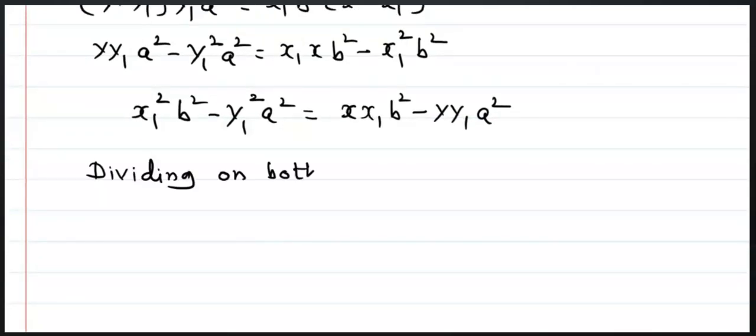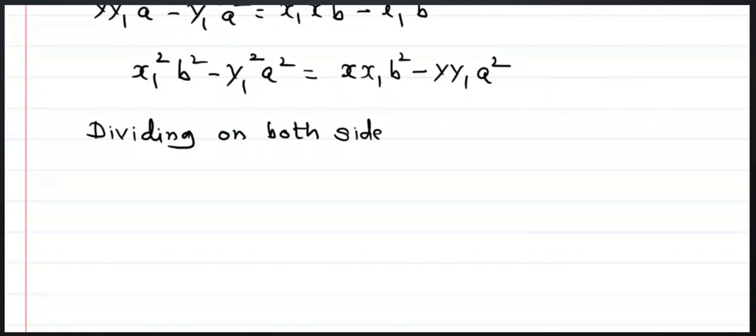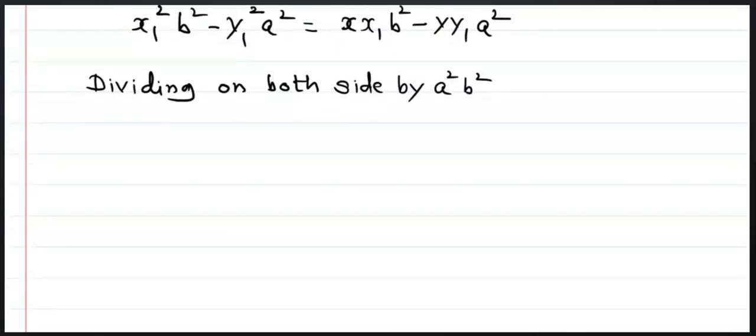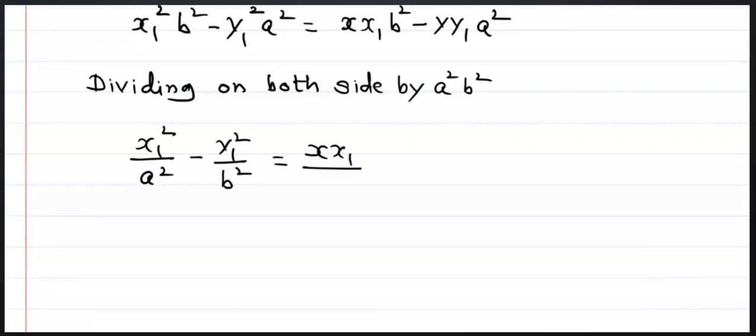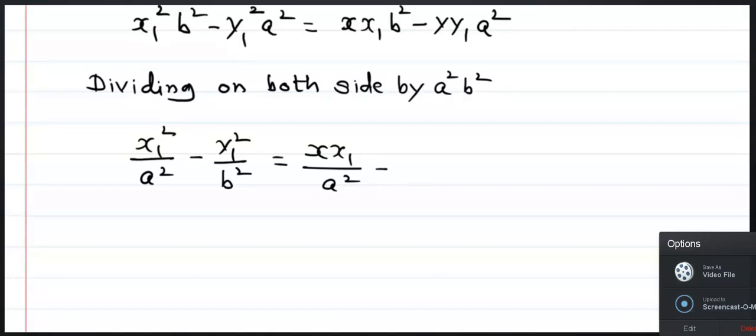Dividing on both sides by a square b square, then you will get x1 square upon a square minus y1 square upon b square is equal to x x1 upon a square minus y y1 upon b square.